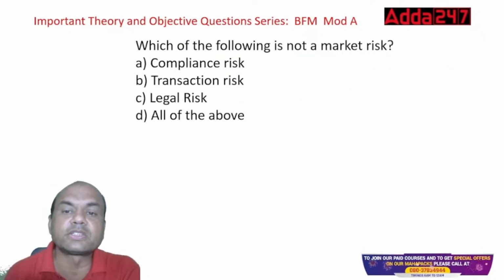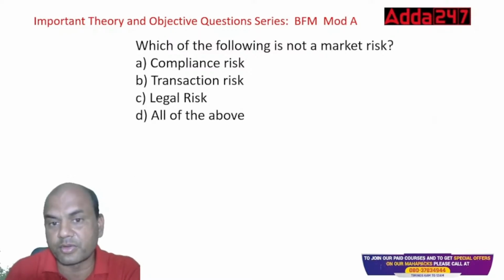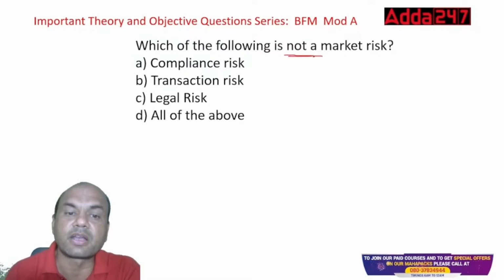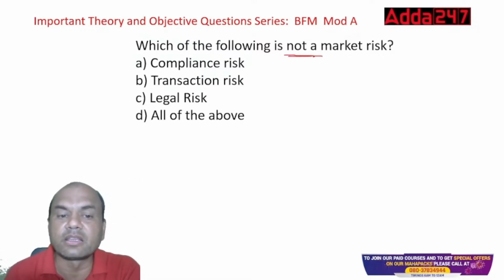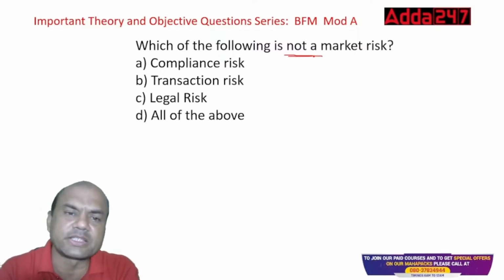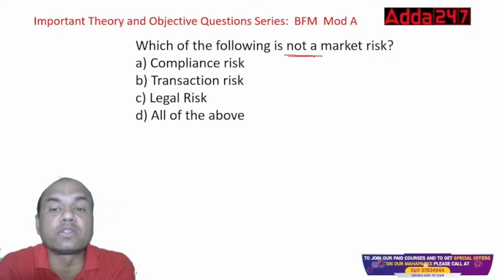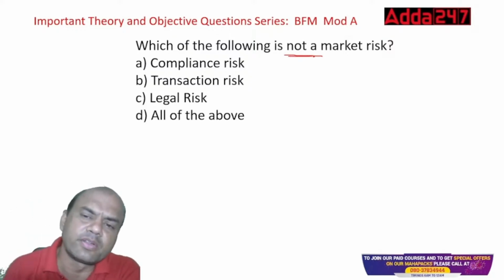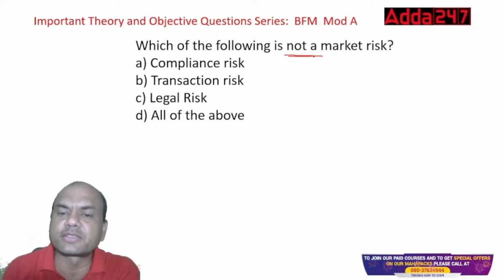Which of the following is not a market risk? Compliance, transaction, legal, all of the above. Type fast in the comment section. Market risk means that risk which is not in your hands.